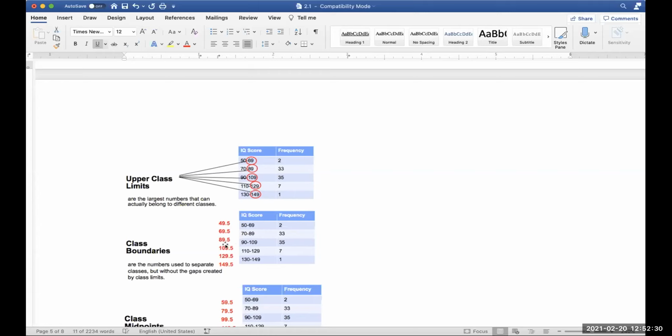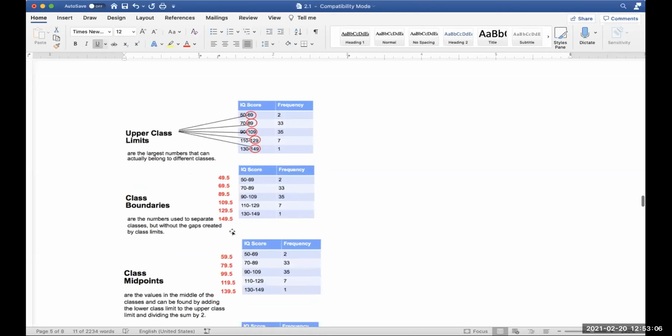For the third class, lower class boundary, 89.5. Upper class boundary, 109.5. For the second to last class, lower class boundary, 109.5. Upper class boundary, 129.5. For the last class interval, the lower class boundary, 129.5. Upper class boundary, 149.5.